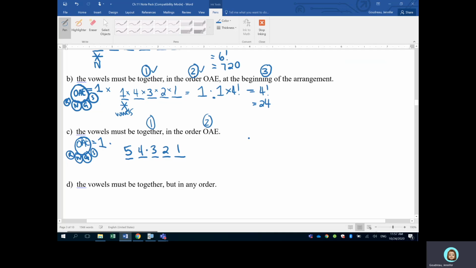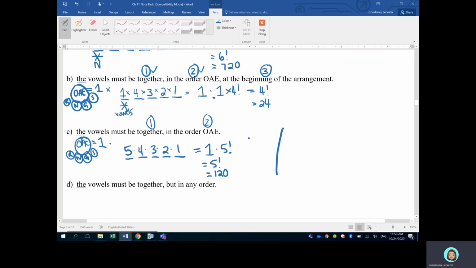Fundamental counting principle says multiply all your choices together. So we have 1, which represents the order of the vowels, times 5 factorial, the order of our items, which simplifies to just 5 factorial, which gives us 120 arrangements. So as predicted, we've got more arrangements with part C than part B because we have less restrictions.